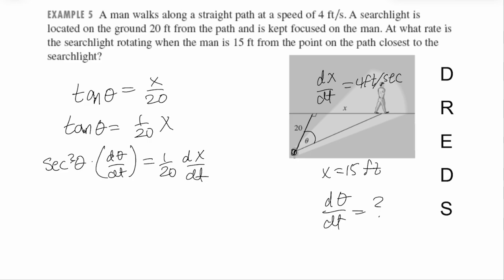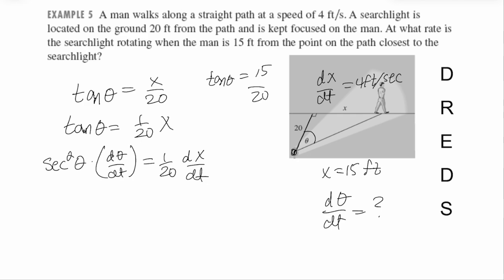Now here's where we have to go back and ask ourselves, do we have everything we need? We don't have theta, but kind of we do. We know that the tangent of theta is opposite, which they told us was 15 at that exact moment, over 20.